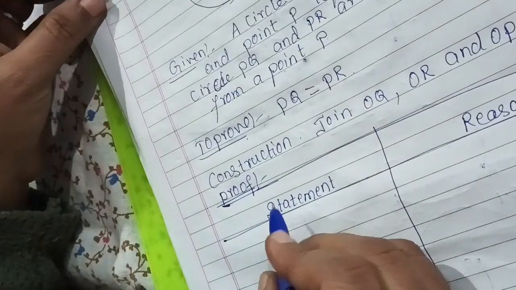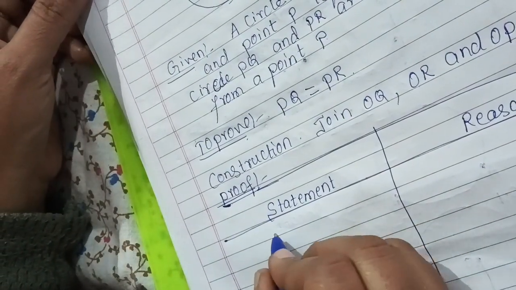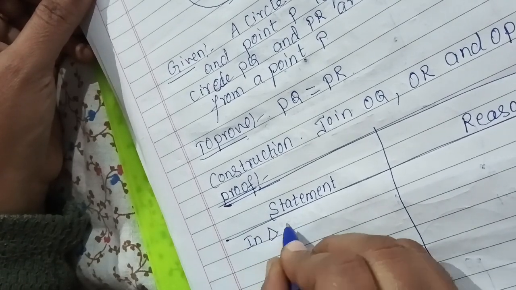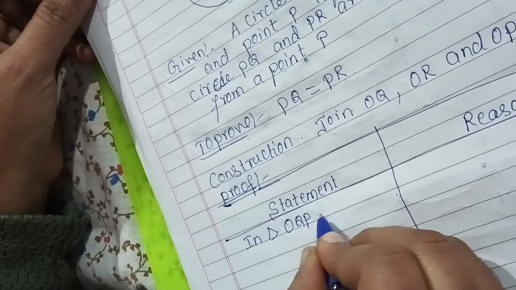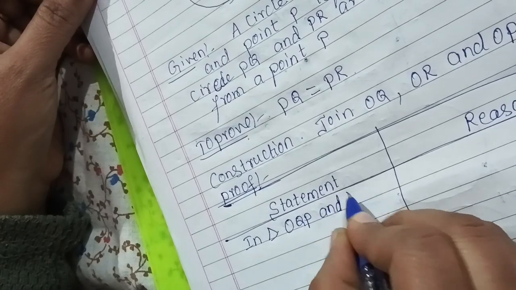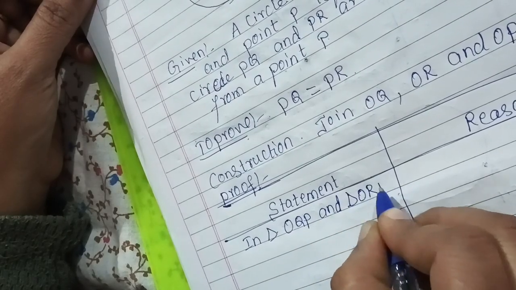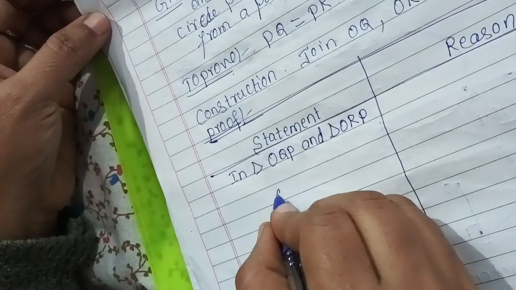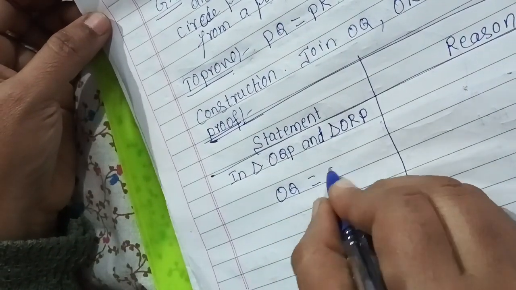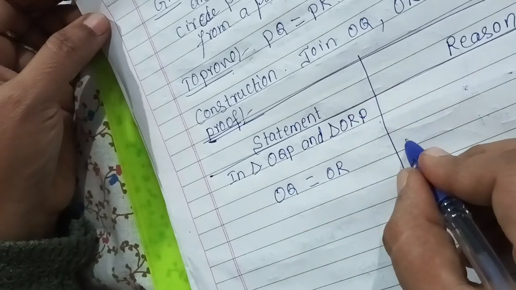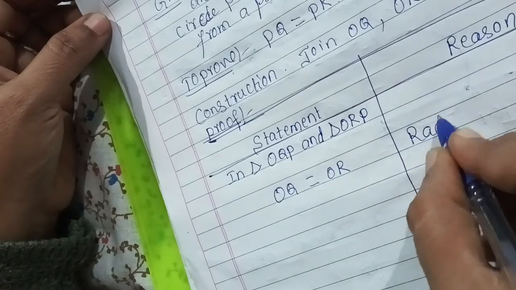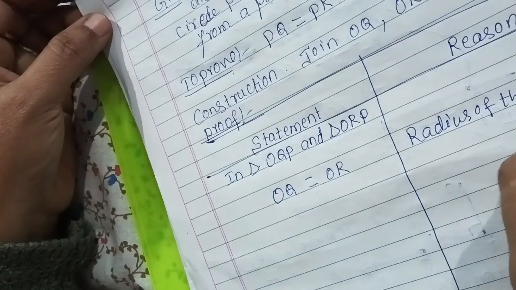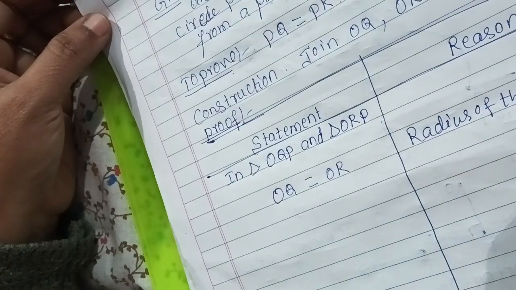In triangle OQP and triangle ORP, OQ is equal to OR, reason: radii of the same circle are equal.